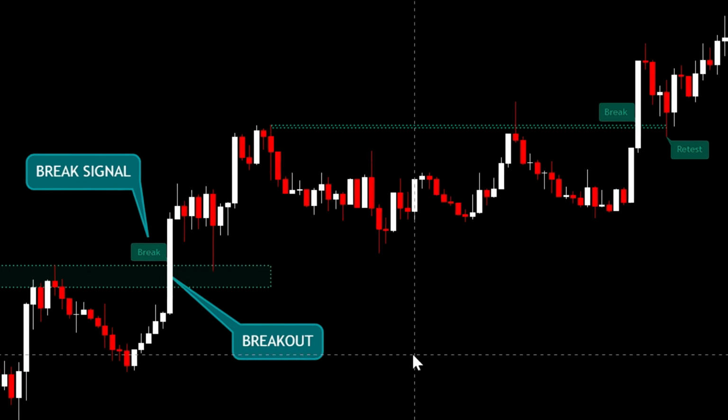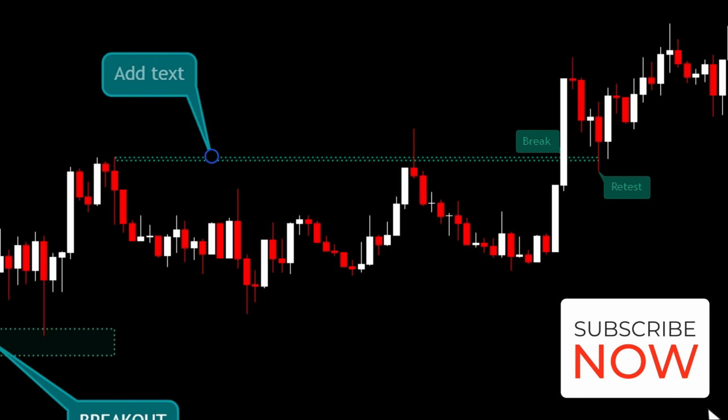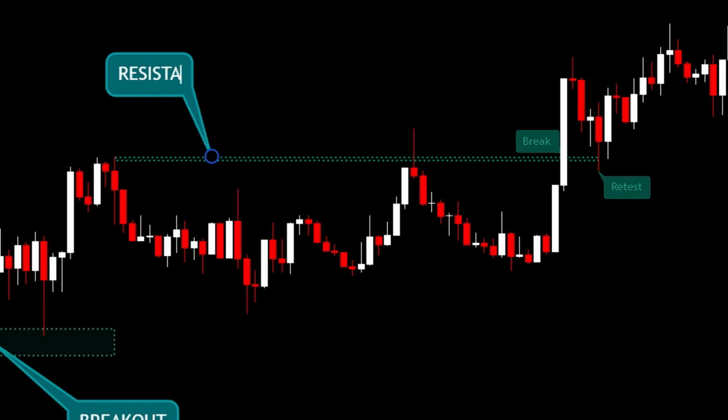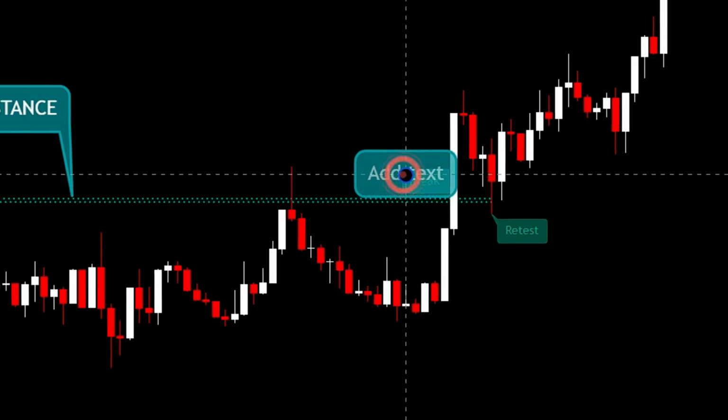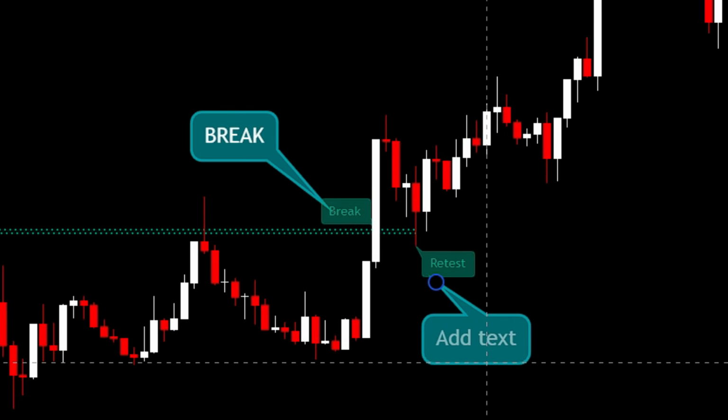Same thing here with this next level. Zone gets marked. Price breaks, signal fires. It takes out all the guesswork and lets you focus on what actually matters, reading the move.